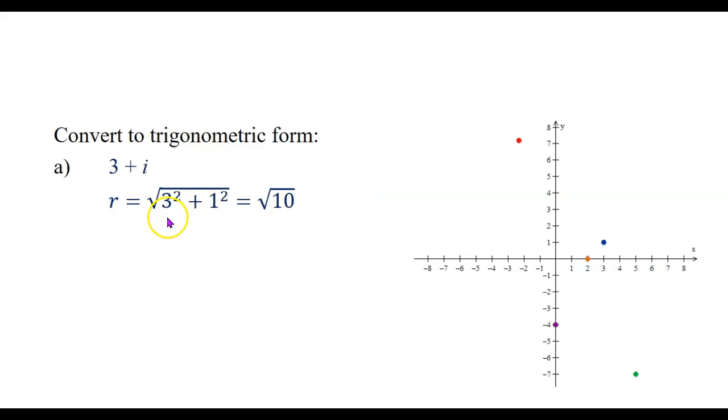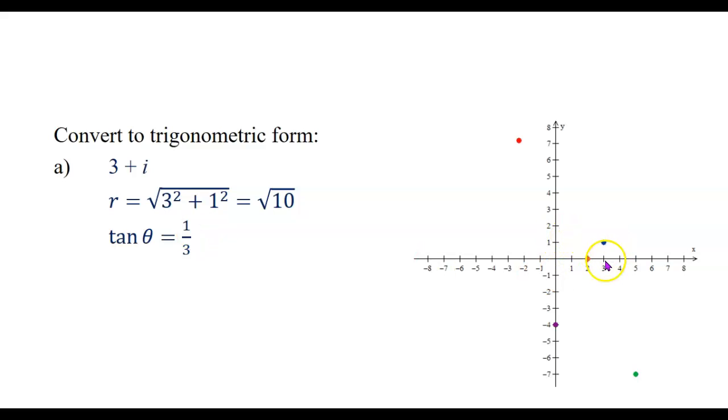Okay, now let's convert those others that we were looking at. You can do it the calculator way, or you can work it out yourself from the formulas. So 3 plus i, the r is the square root of 3 squared plus 1 squared, so the square root of 10. For the theta, the tangent of theta would be 1 over 3.